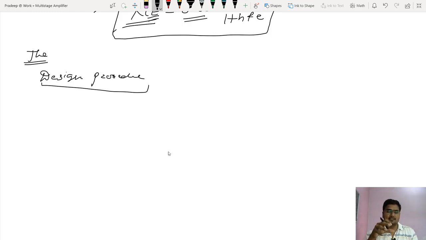Only one problem will be discussed, and you will come to know that we can design a two-stage RC coupled amplifier in different ways, and this one is very good and very practical. Here I am going to use the maximum power transfer theorem concept.